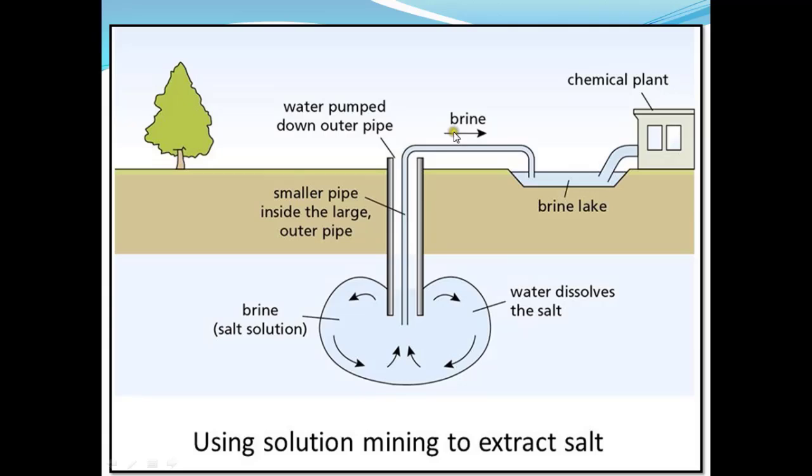The water is pumped down the outer pipe, and from the smaller pipe the brine is forwarded to the brine lake, and from the brine lake it is sent to the chemical plant where you can extract the salt.